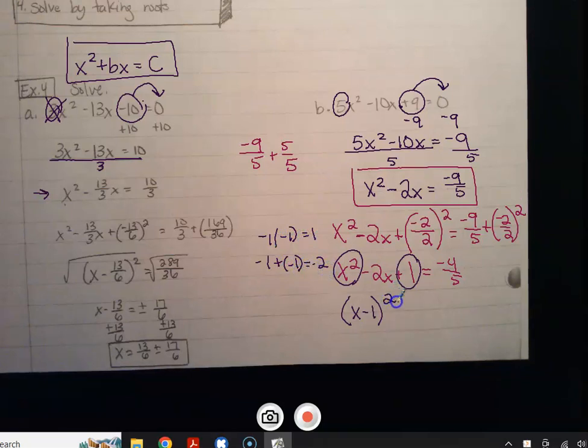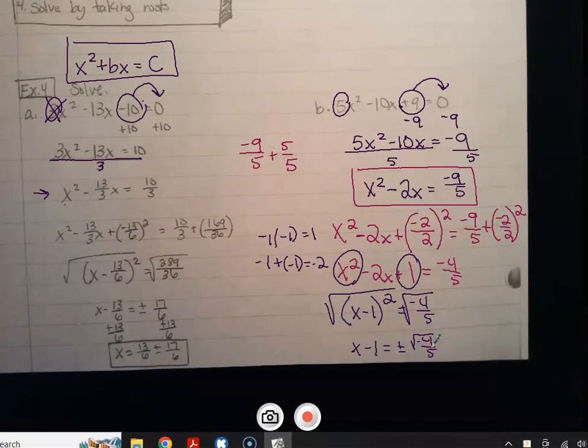So then that equals negative 4/5. What do we do next? Take the square root. So then we have x minus 1 equals plus or minus the square root of negative 4/5.